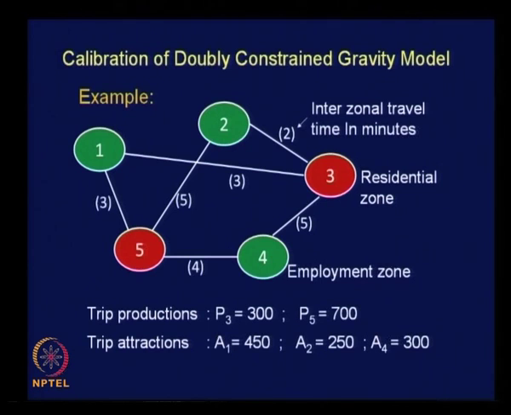P3 is 300 trips, P5 700 trips, A1 450 trips, A2 250 trips and A4 300 trips. You can assume in this case also that these trips are specific to a particular mode. With that understanding only we are proceeding further and for a particular purpose.